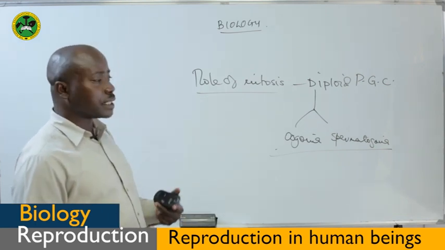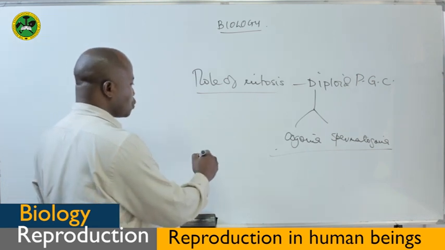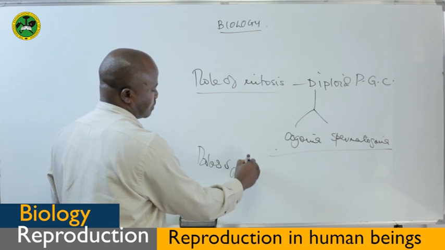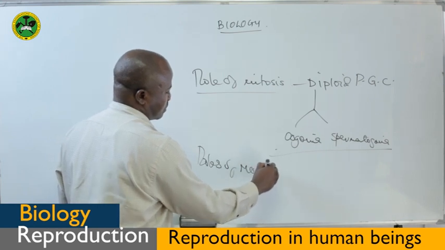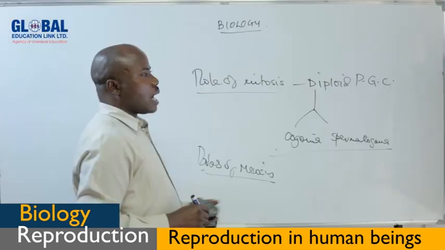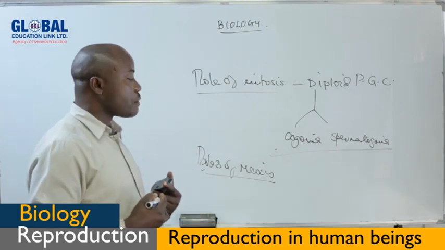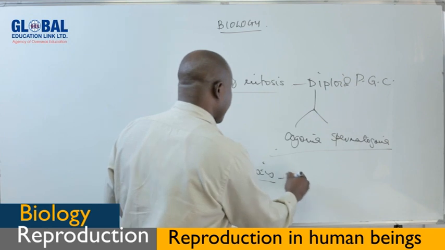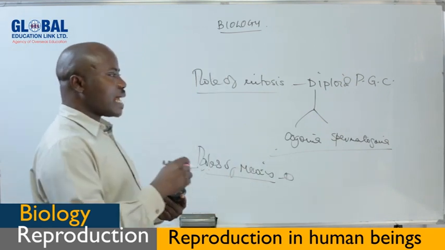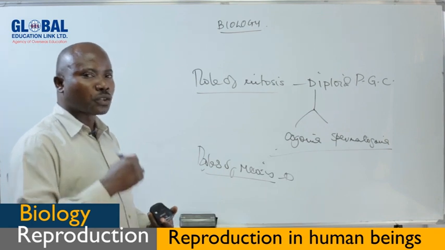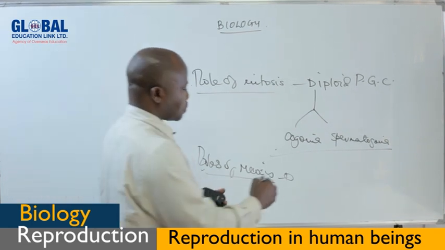That is the role of mitosis. You come to meiosis. According to this question, you need to refer to the importance of meiosis. Here, meiosis is there to reduce the diploid number of chromosomes to the haploid number of chromosomes.